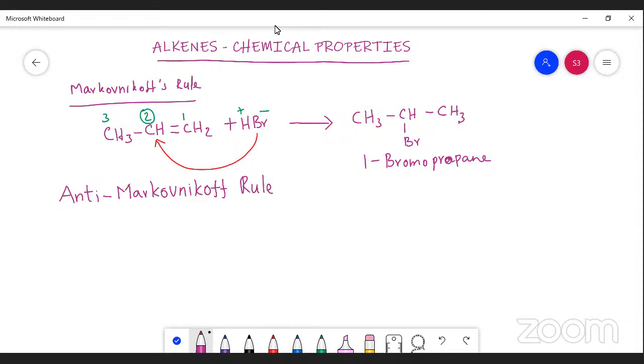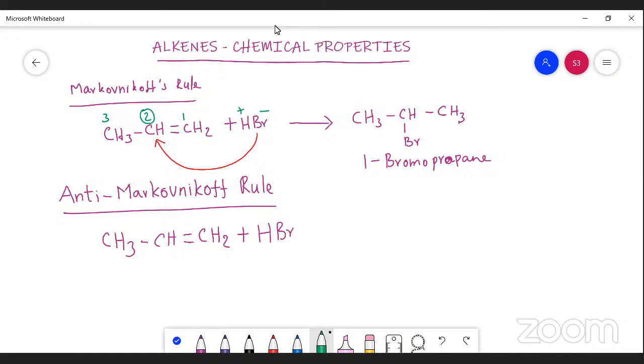Here the negative part goes the opposite way. We are taking the same compound, propene, CH3-CH=CH2, and it reacts with the same HBr. Br is the negative part, and hydrogen is the positive part.